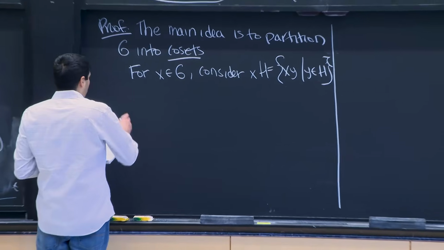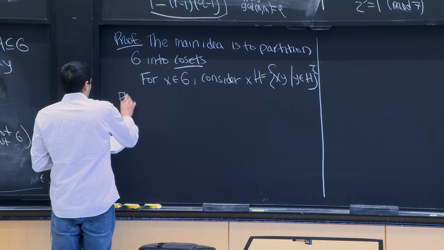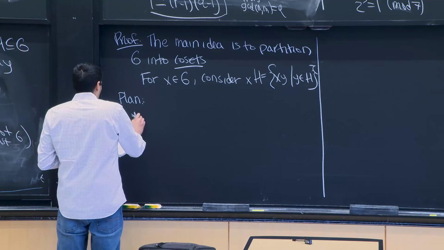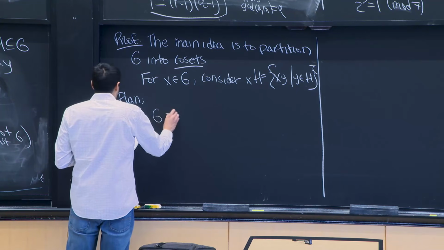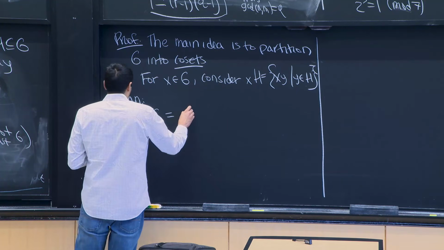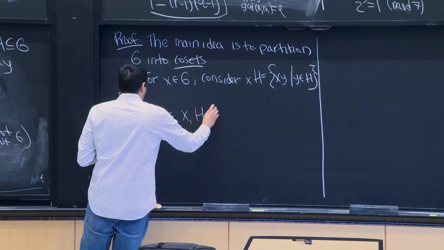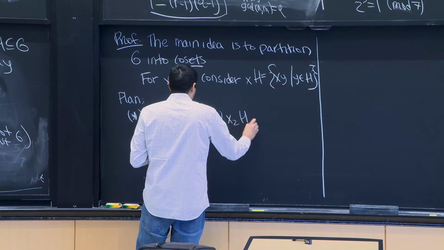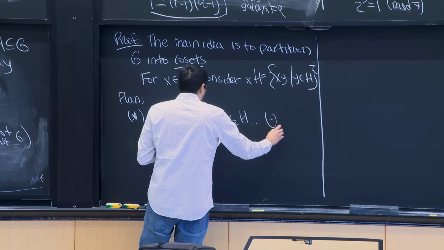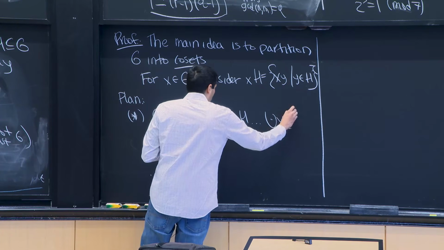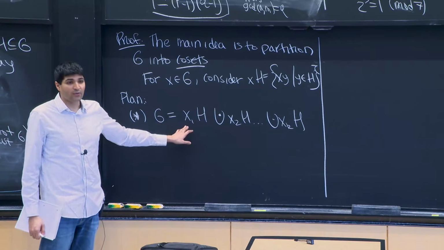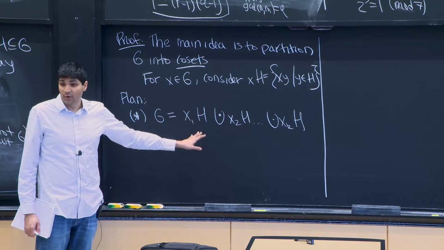So here's our plan of action. We want to show that G can be written as x1H disjoint union x2H, all the way up to disjoint union xkH. So I have k different cosets, one for each of these xi's.